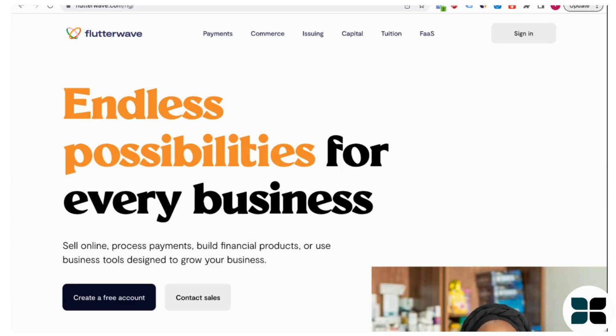Okay. Now Flutterwave has said multiple times that they cannot process cards that are not 3DS.